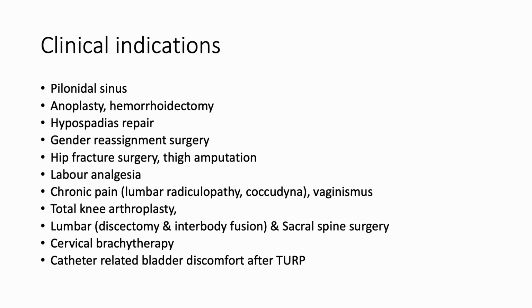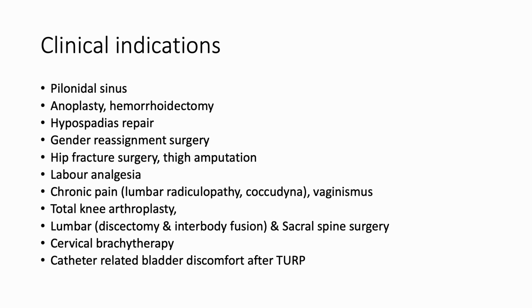The sacral ESP block has been used in pilonidal sinus surgery, anoplasty, hemorrhoidectomy, hypospadias repair, gender reassignment surgery, hip fracture surgery, thigh amputations. They have also been used in labor analgesia during the second stage of labor, for chronic pain, especially lumbar radiculopathy, coccydynia, and vaginismus.